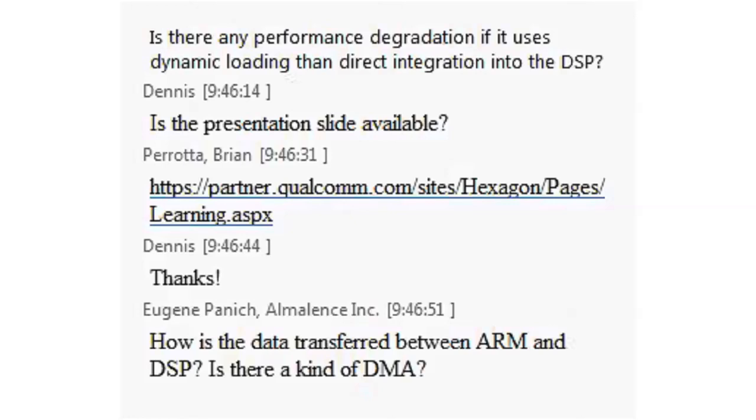But I can get back to you with more details. My email ID is on the slides, you can drop me a mail, and probably I can get back. I believe there's no data transfer, and there's no DMA as such, because the RAM is shared.